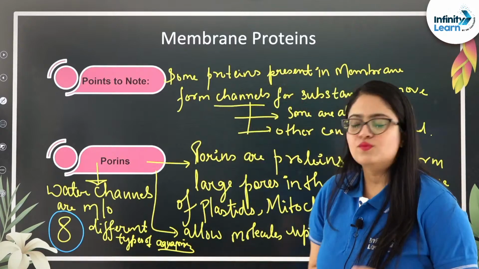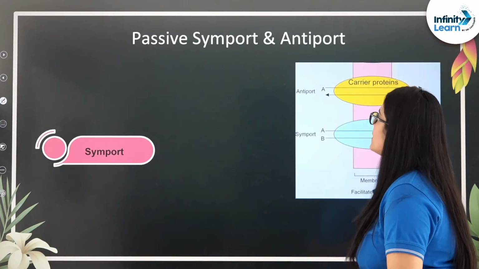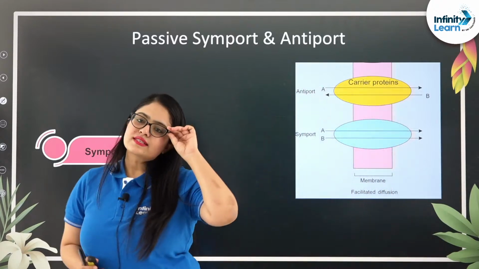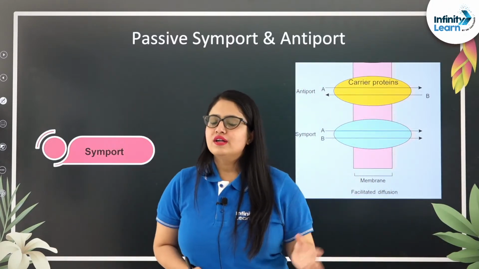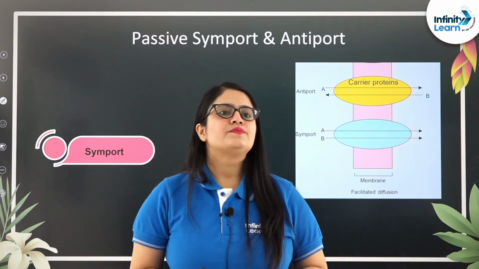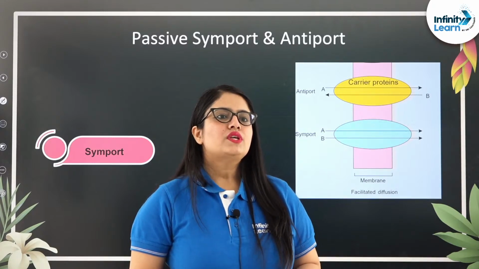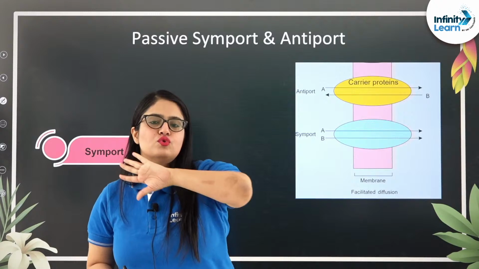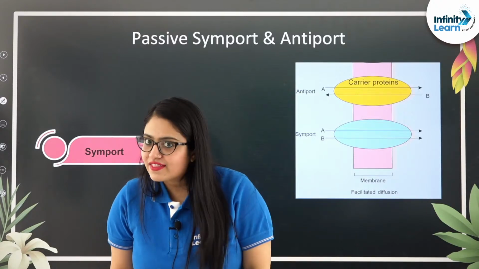Now, let us move to the next important point. See students, please notice this, that there are some carriers or transport proteins that allow movement of substances only when two different molecules move together.